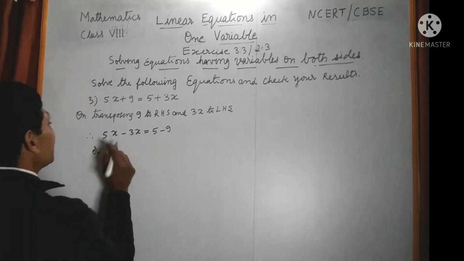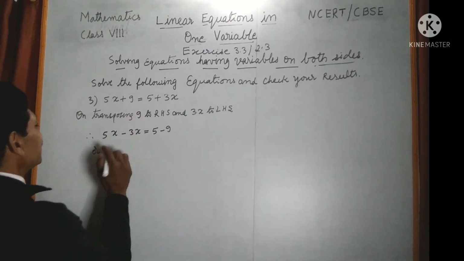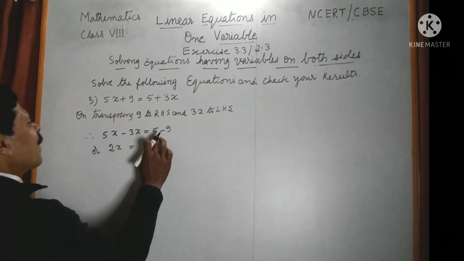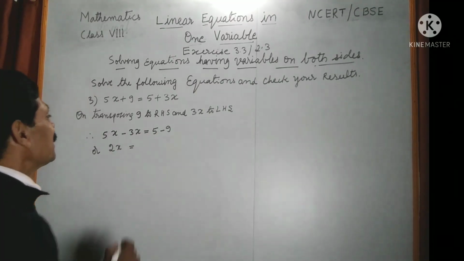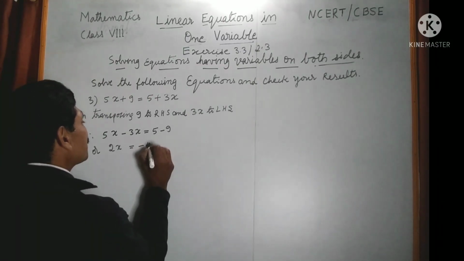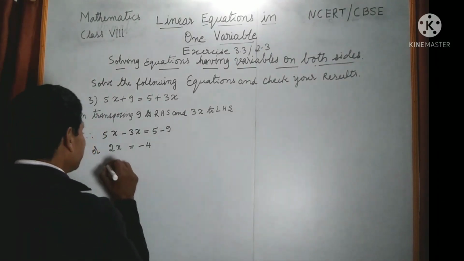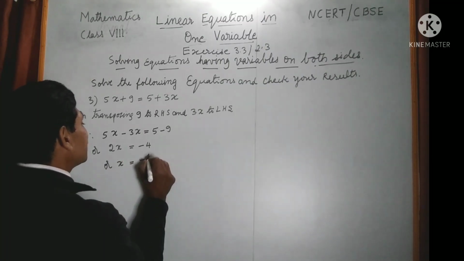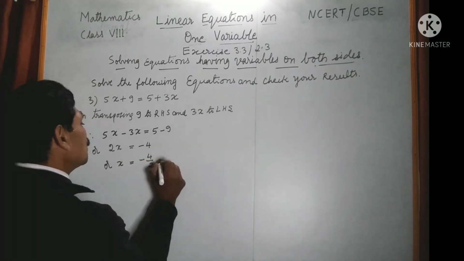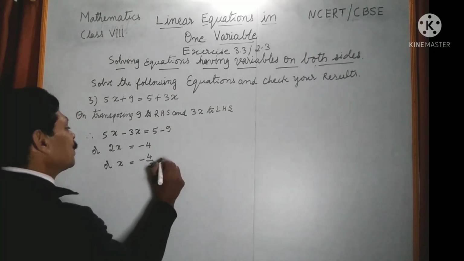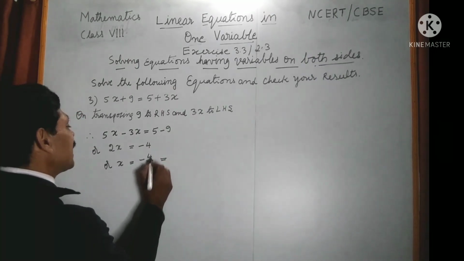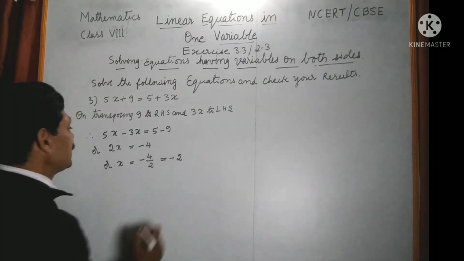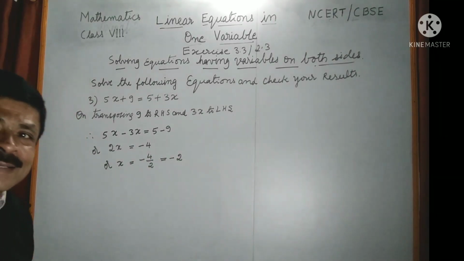Or 5x minus 3x is 2x is equal to 5 minus 9 is minus 4. Or x is equal to minus 4 by 2. This is equal to minus 2, the value of x.